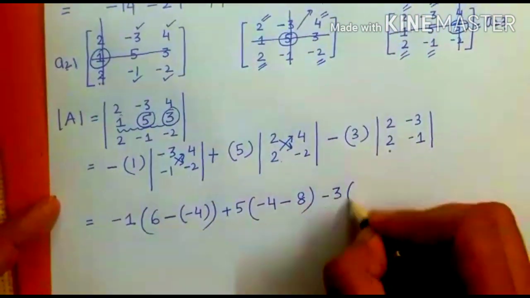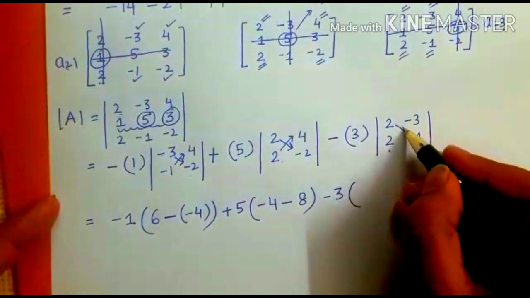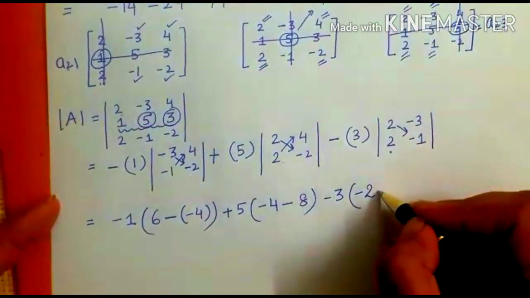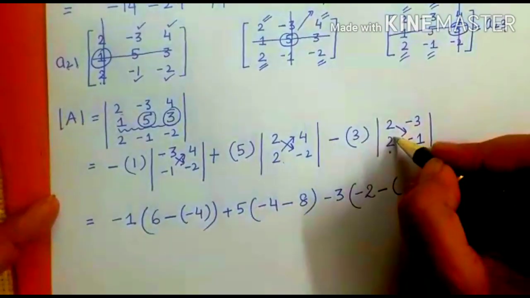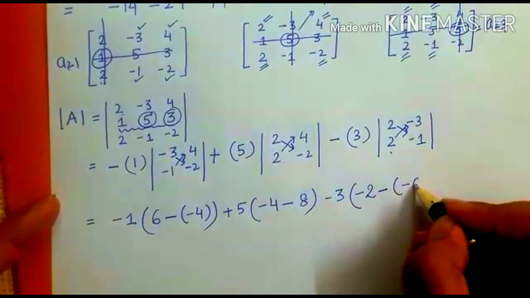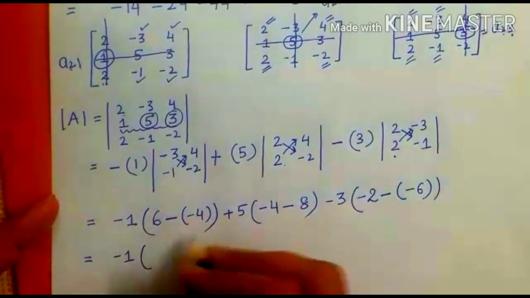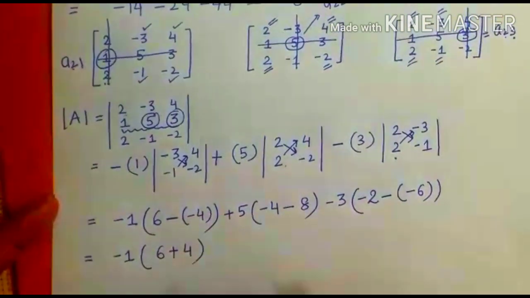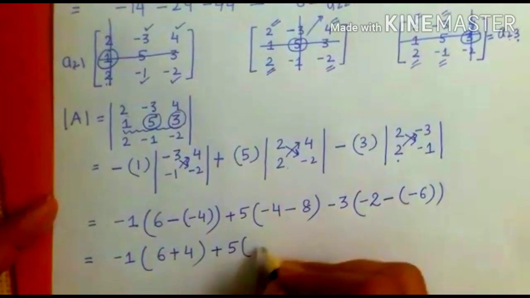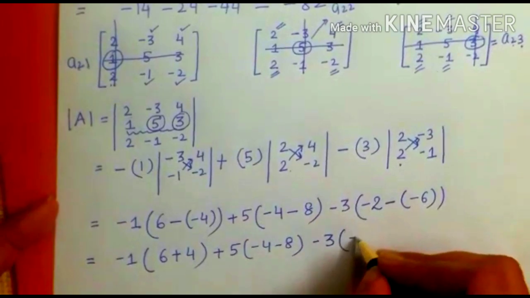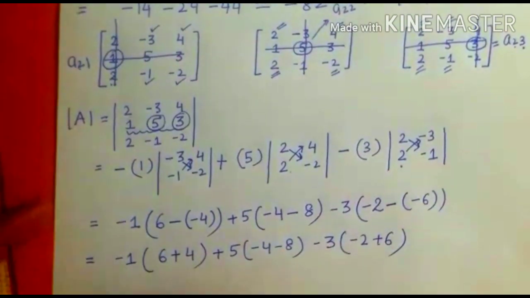Then negative of 3. Product of 2 and minus 1 is minus 2. From this subtract the product of these two, which is negative of 6. So it is negative 1 times 6 plus 4. This is minus 4 minus 8, negative 3 times minus 2 plus 6.